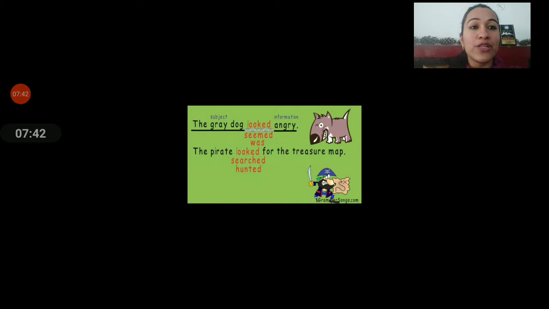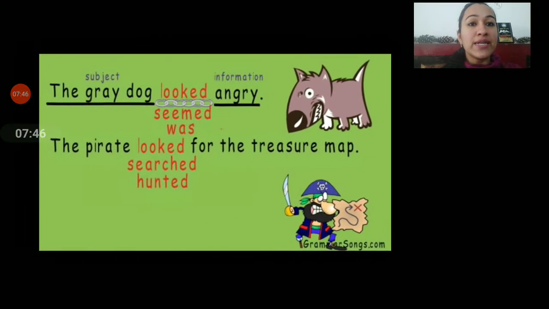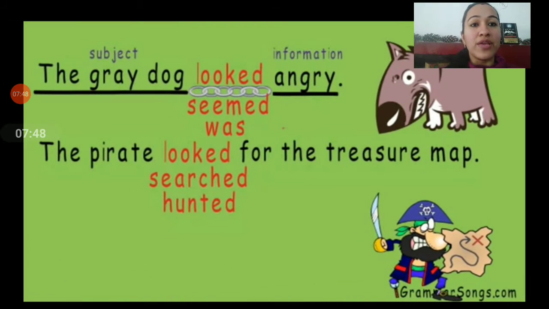So what does it tell you? It tells you that in the sentence, the dog looks angry, the subject and information have been linked, joined with the help of a linking verb. On the other hand, the pirate looked for the treasure map. In that, the pirate is doing an activity, some sort of movement to look for the treasure map.